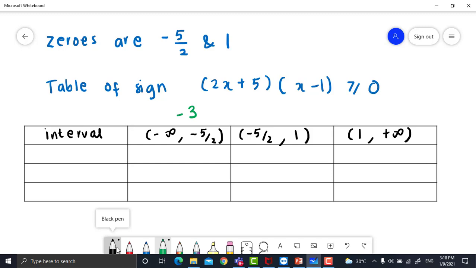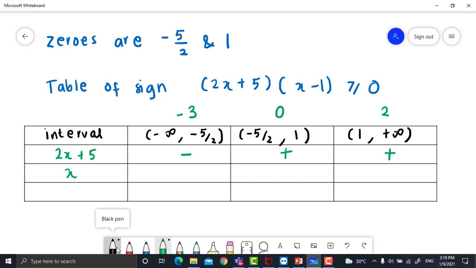The value between negative 5 over 2 and 1, 0. And then the value greater than 1, 2. First factor, 2x plus 5. Substitute negative 3 into this factor. So 2 times negative 3 plus 5, negative 1, negative sign here. 2 times 0 plus 5, positive 5, positive. And then 2 times 2 plus 5, positive 9, positive sign.